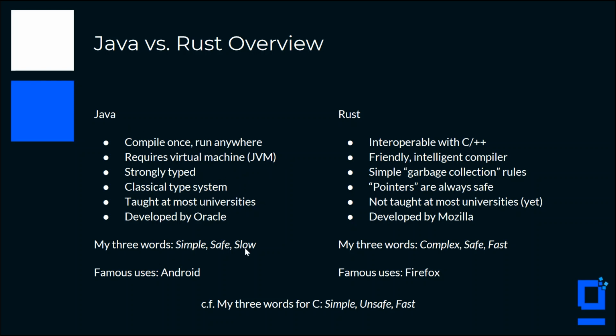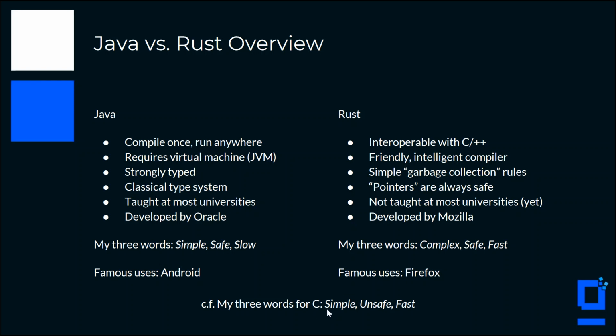That makes it slow. It's safe because it has a pretty good type system, and you'll get null pointer exceptions, but at least you're not going to totally break huge amounts of things with Java. Sometimes the compiler errors aren't very friendly, but that's beside the point. And it's simple, so the learning curve isn't too difficult.